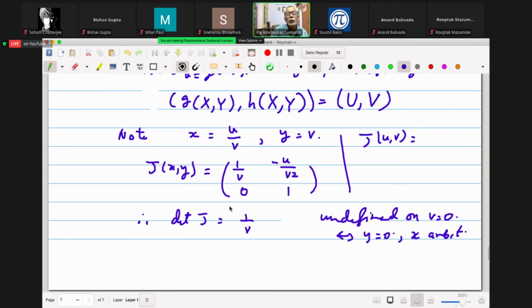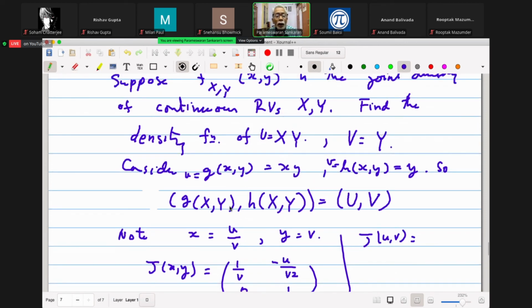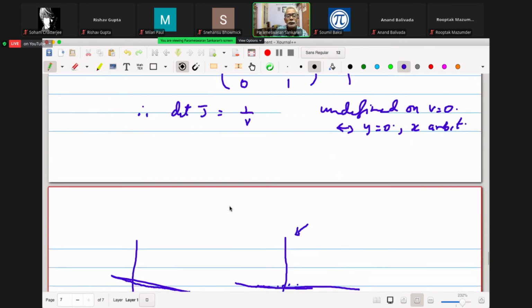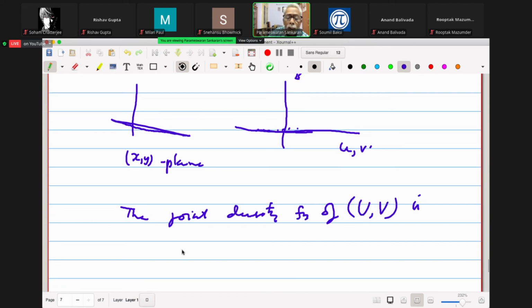Therefore, to compute the joint density function of u comma v, the joint density function of u comma v is, so here you write f of x comma y.